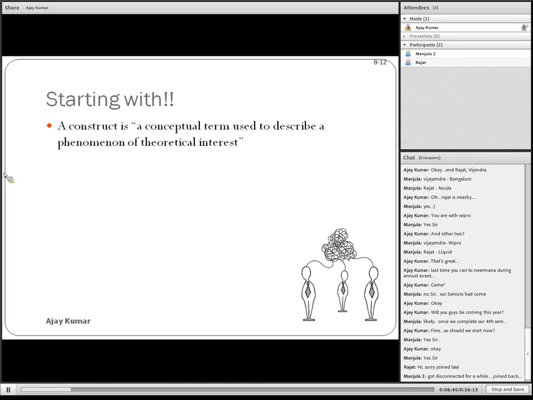So you will eventually find, when you go back to literature, that a lot of constructs that today we use to measure any of our characteristics are actually ones that were not developed in our country. So now we are talking of a Western individual who has developed a questionnaire to measure, say, personality. Now that has been adopted in India, and people in India are trying to measure the personality of people using that construct, which actually has been developed somewhere in the States.